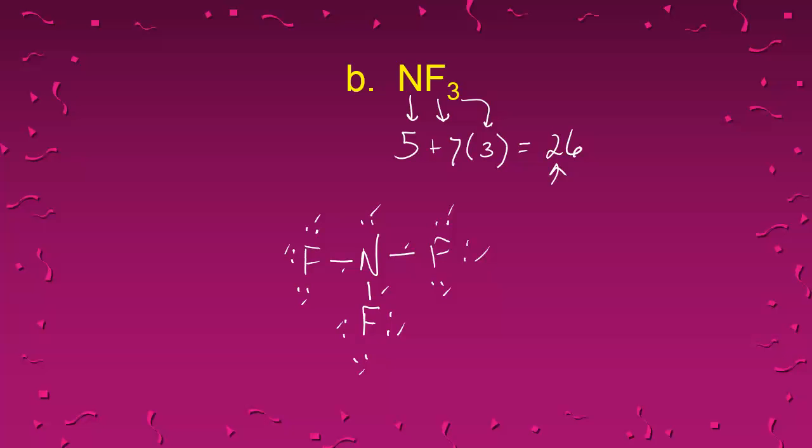All right. Is everyone happy with 8, Jackson? 2, 4, 6, 8. Yes. Everybody's happy. Then that is the dot diagram for NF3.